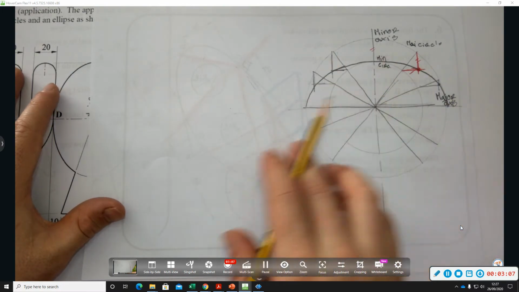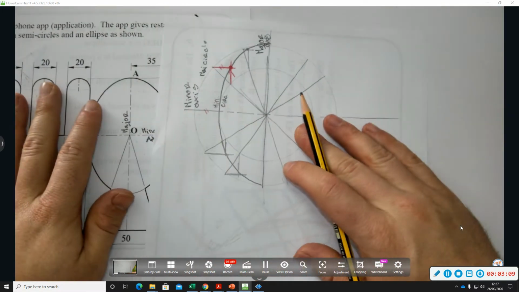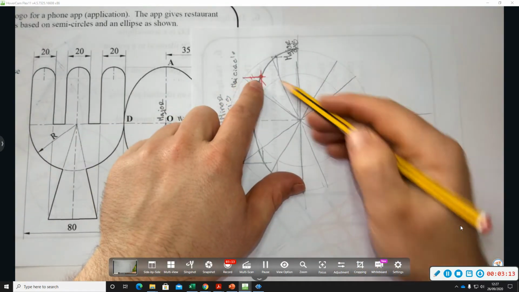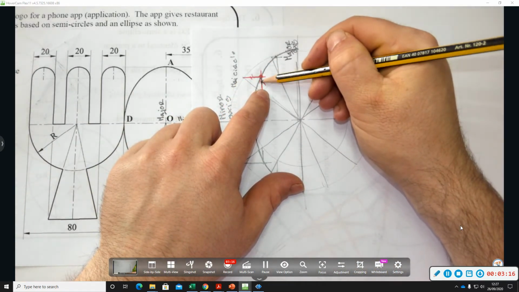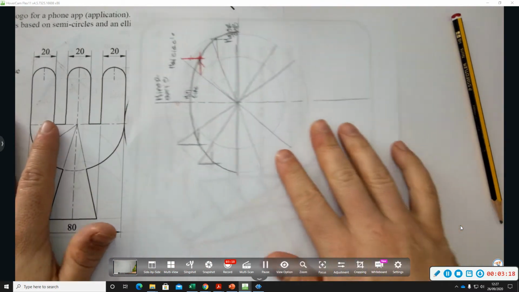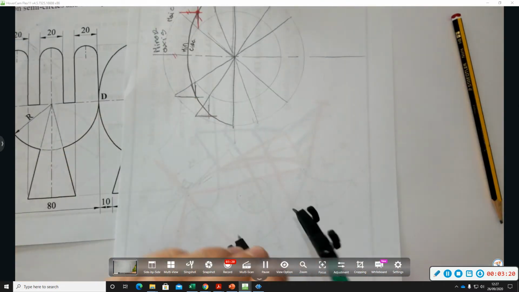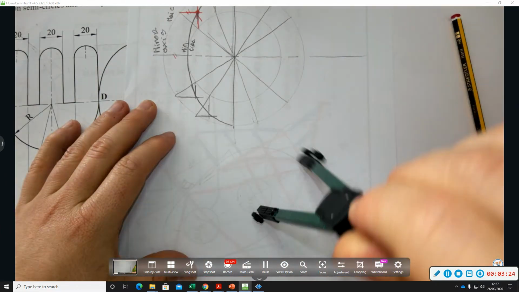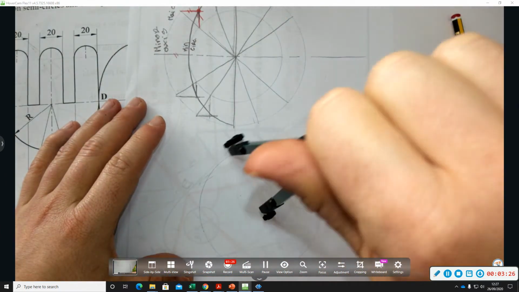The major axis won't be horizontal, it's vertical. So we have to remember the axis we're going parallel to. So I'm going to sketch it out here. We're going to draw a circle, radius 50.